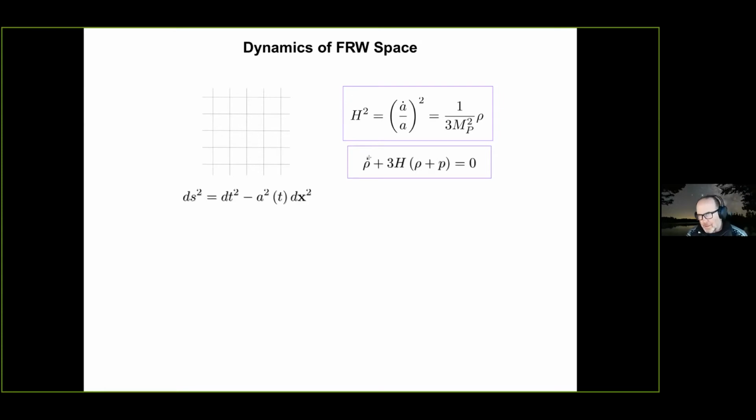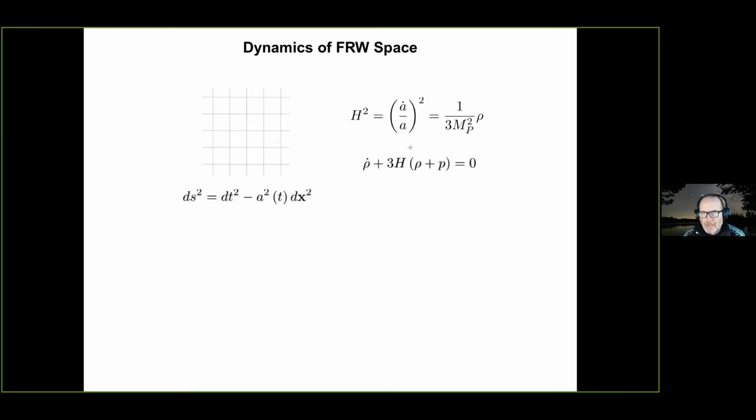And the second one is space tells matter how to move, or in this case, in the continuity equation, the expansion tells you the time dependence of the energy density. And these two equations together form a set of nonlinear ordinary differential equations that can be solved for the time evolution of the universe, okay?